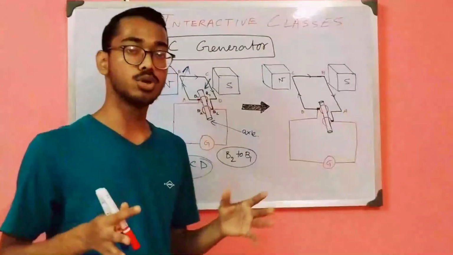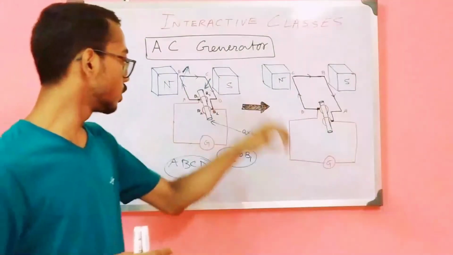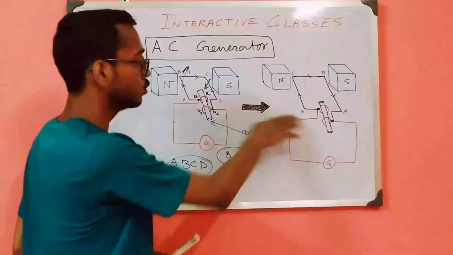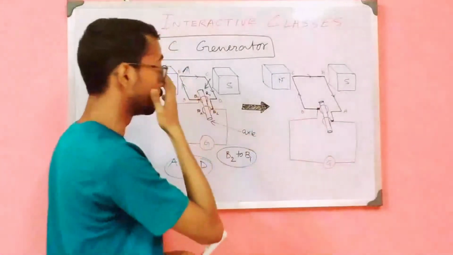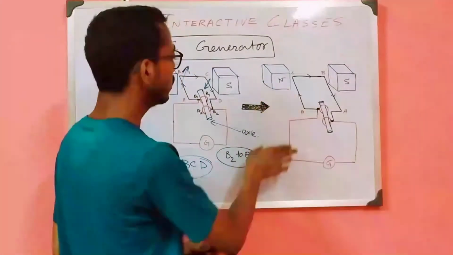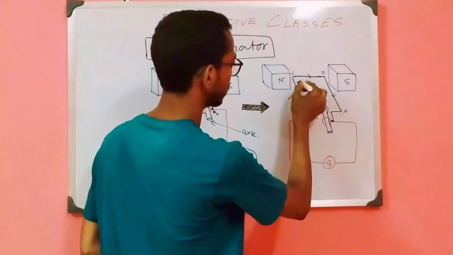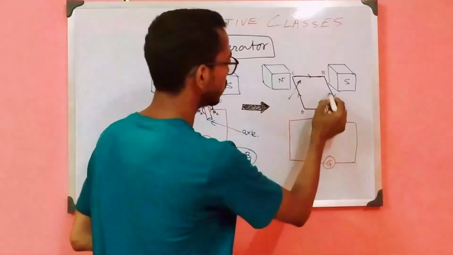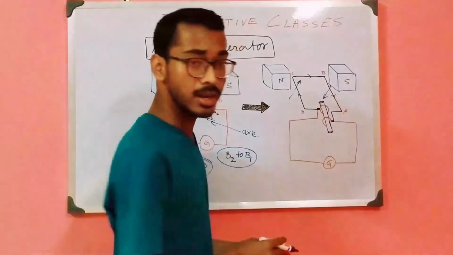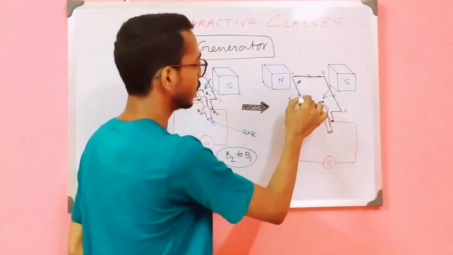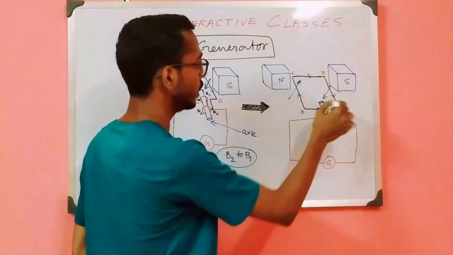Now after a half rotation, that means when we have rotated the axle half, we come to this place. Now focus on this diagram. The arm CD comes upward like this and the arm AB goes downward. Again applying Fleming's right hand rule, we see the flow of current is through D, C, B, A.